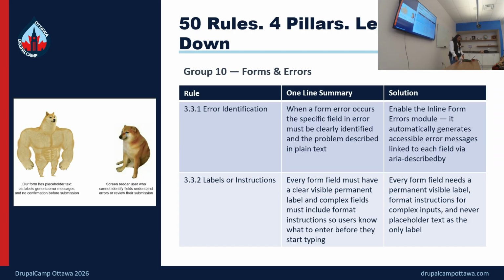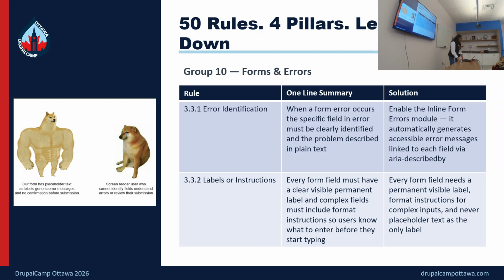Solution again: every form field needs a permanent visible label. A common scenario is if you have a search bar at the top of the page and you use a placeholder as a label, that's a failure. You need to write a proper label at the top of the search bar so that it's always visible for the end user.